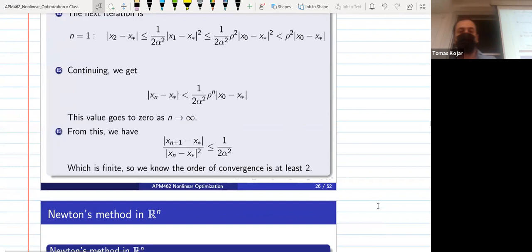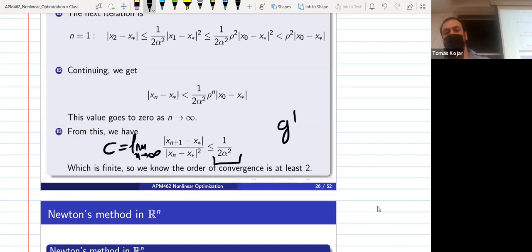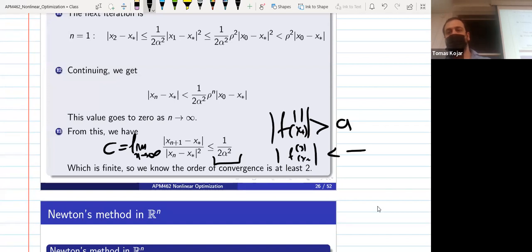All right. So I proved to you that the limit of this, which is called the convergence rate, C, is bounded by this 2 alpha, which was used to classify flatness. So remember, G prime or F double prime is bigger than alpha at X star, and the triple prime was not too big.